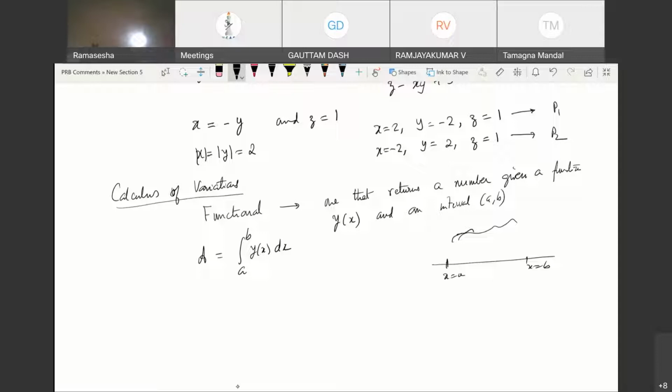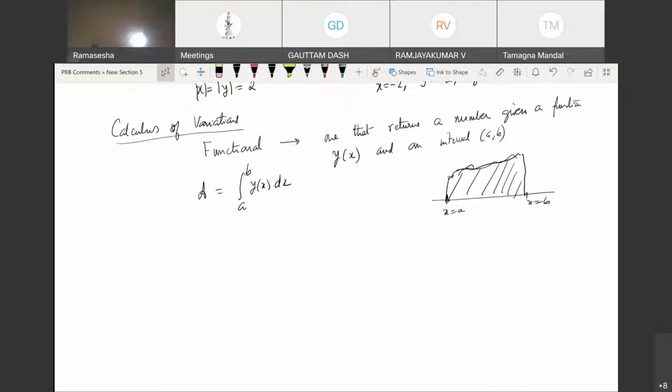An integral is a functional: given a function, it returns a number.